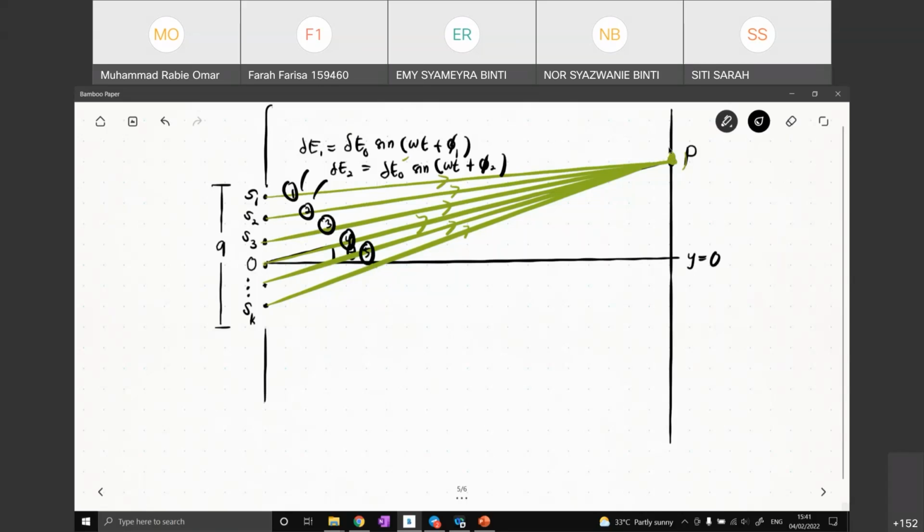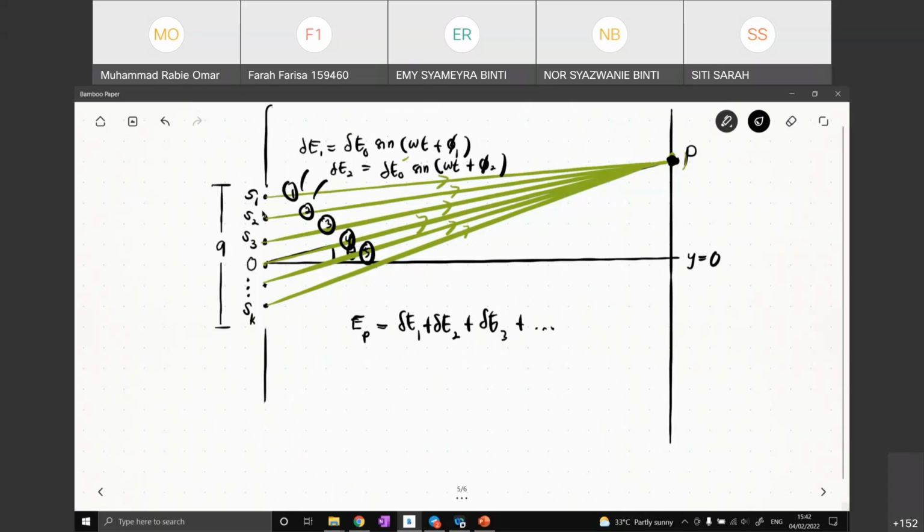Meaning to say, the resultant wave at this particular point is given by E at P equals delta E1 plus delta E2 plus delta E3, and you add more.